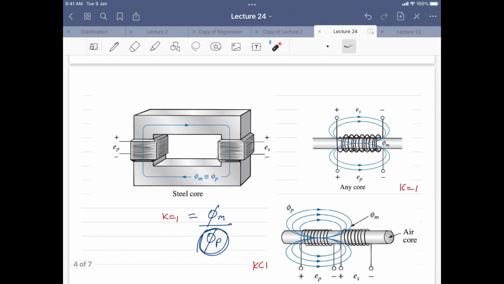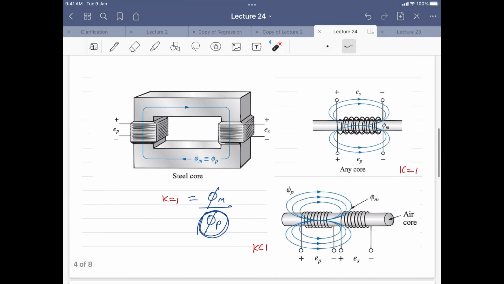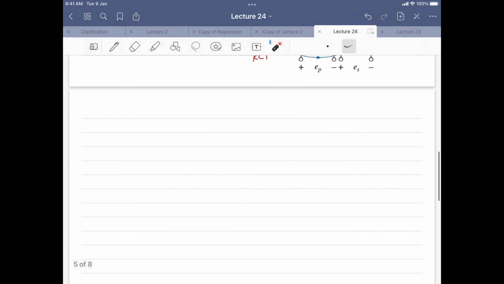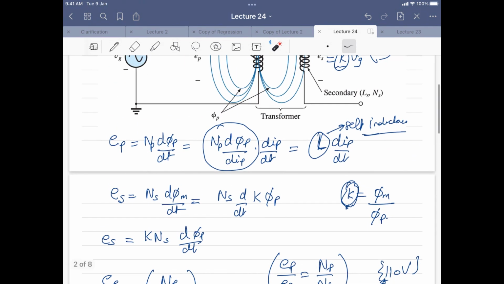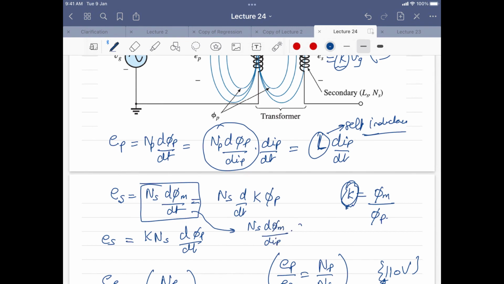Okay, so this is the concept of flux linkage. And now the important thing which comes into play, which I have not explained to you, is this particular term which is given over here. So here, I can write this also as N d phi m by d ip times d ip by dt.